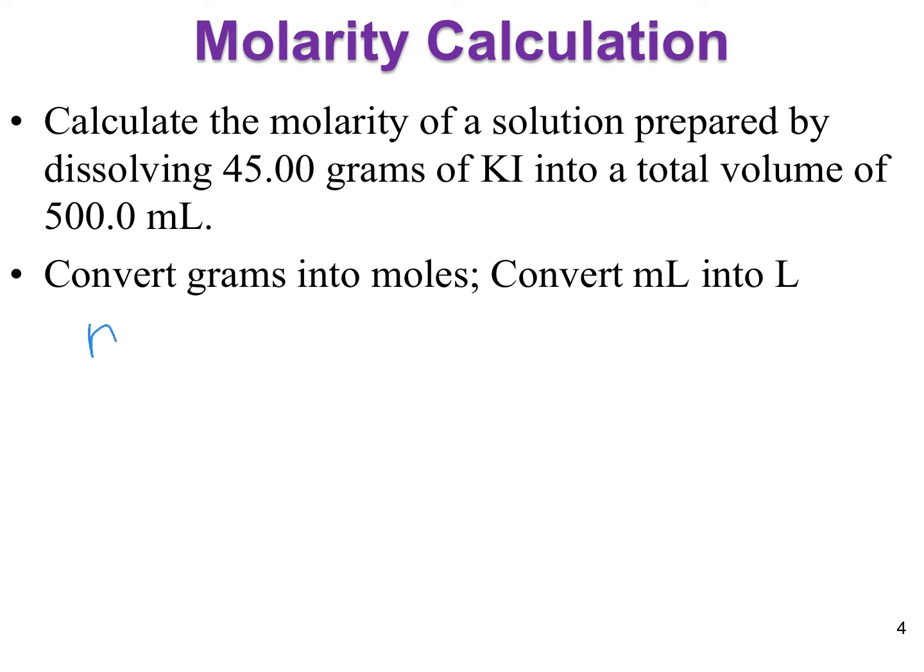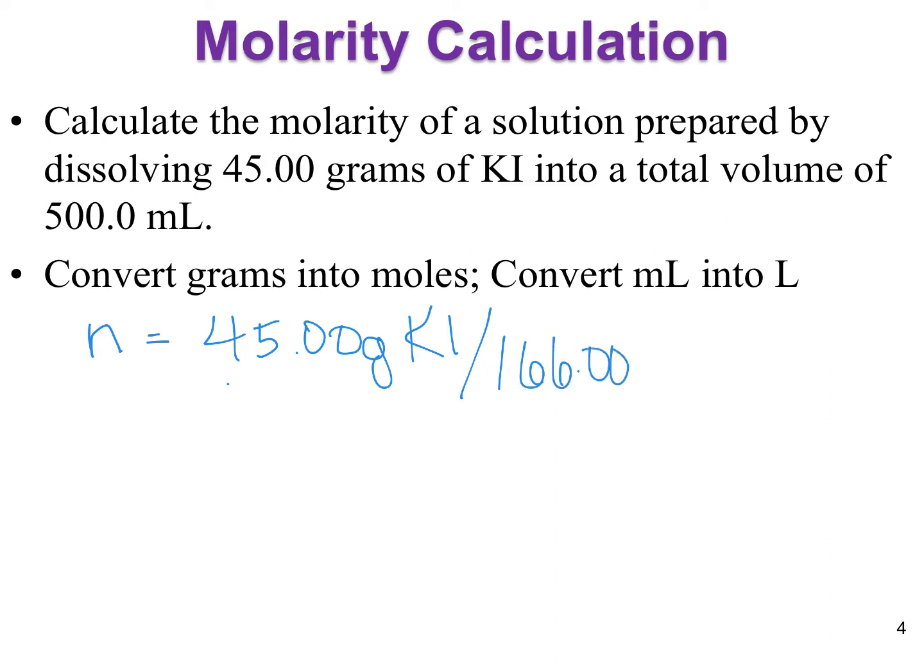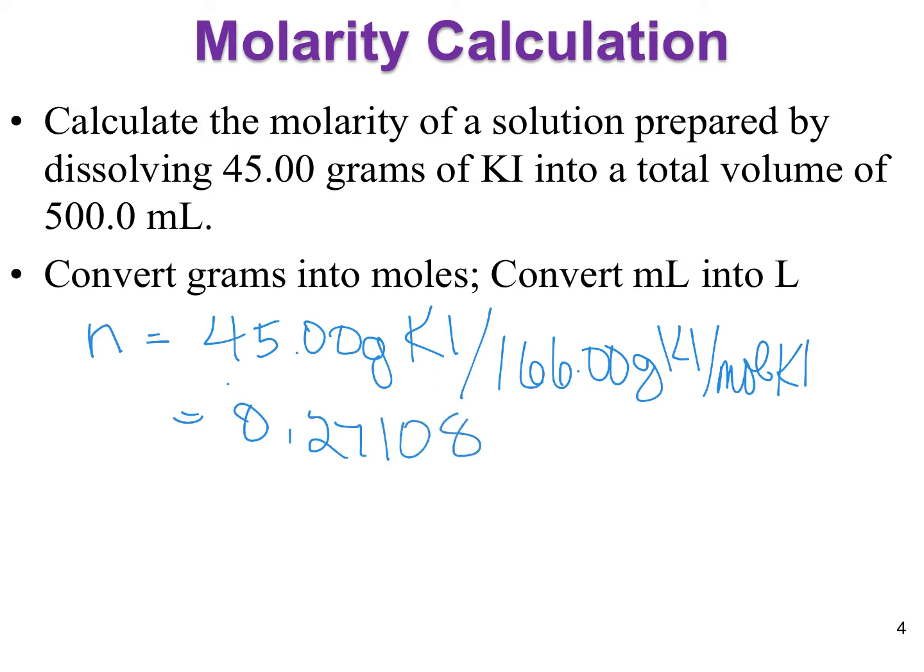The moles of potassium iodide equal 45.00 grams KI divided by 166.00 grams KI per mole KI, giving 0.27108 moles KI.